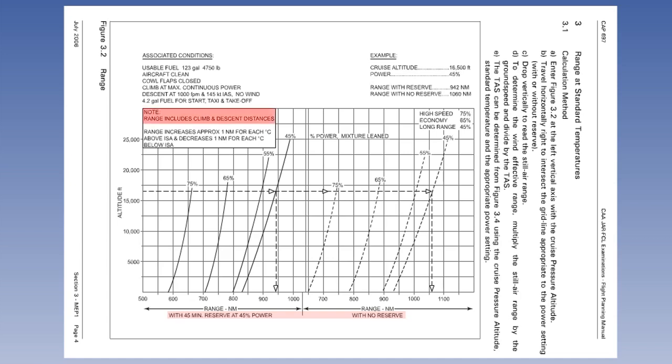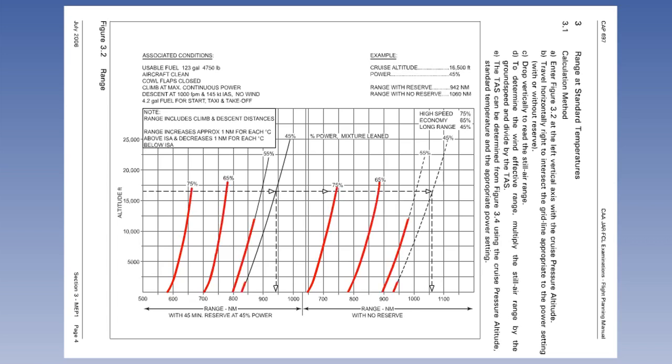The range figures include climb and descent distances. The box in the top left corner of the graph explains the adjustments to be made for non-standard temperatures. The range increases by approximately 1 nautical mile for each degree Celsius above ISA, and decreases by 1 nautical mile for each degree Celsius below ISA.